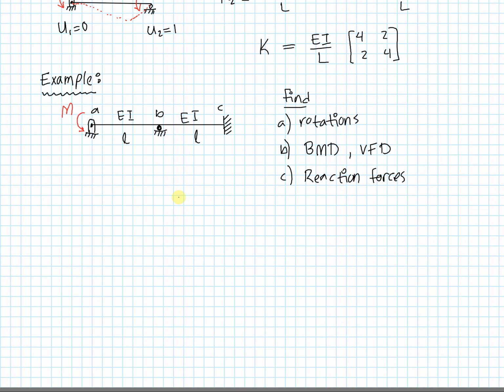Okay, so for element 1, this is element 1, and this is element 2. For element 1, I have a local stiffness matrix that has the following look. It's EI over L, 4, 2, 2, 4.